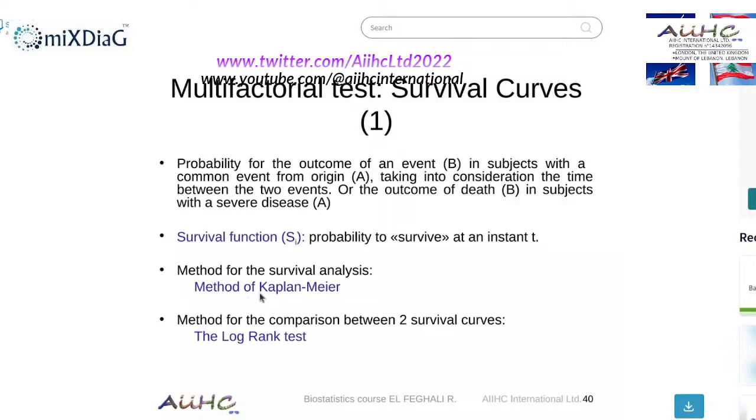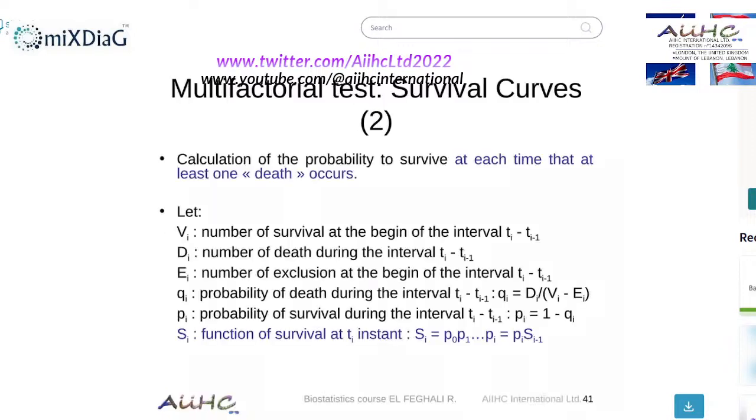But this is what we use. What is the method of Kaplan-Meier, the log rank test? I've taught all that, in private courses and also for my students in full classes. Calculation of probability to survive at each time. So here, how we perform concretely, what is the statistic that we use. The probability to survive, we define V, index I, number of survival.